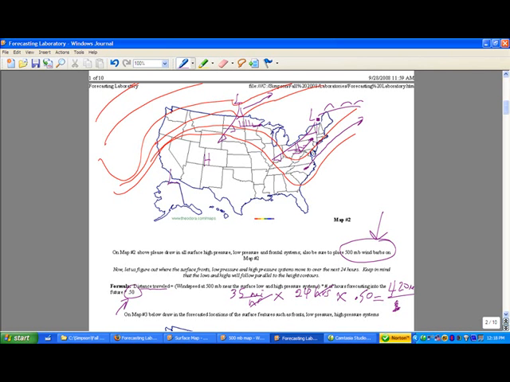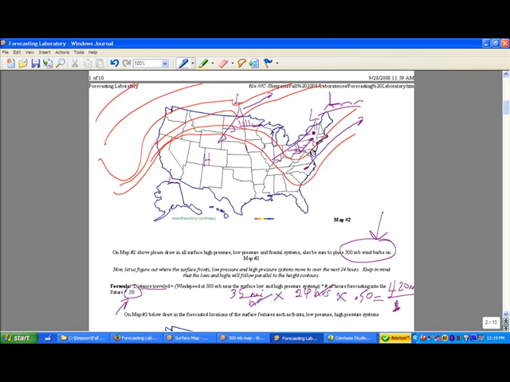In 24 hours, this would move about 420 miles to the northeast because it's following parallel to the isohypse pattern. So I'm going to take the low, and from the western portion of Iowa to the eastern portion of Iowa, that's roughly 300 miles. So I'm going to estimate this is about 300 miles from the low to here, and then a little bit more will move me to about 420.